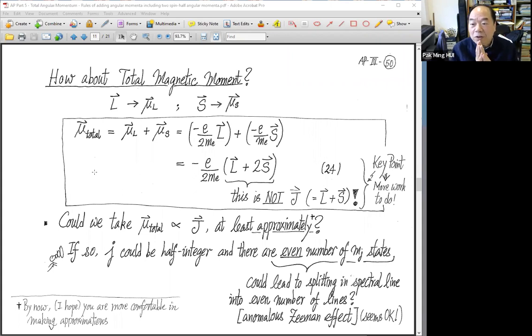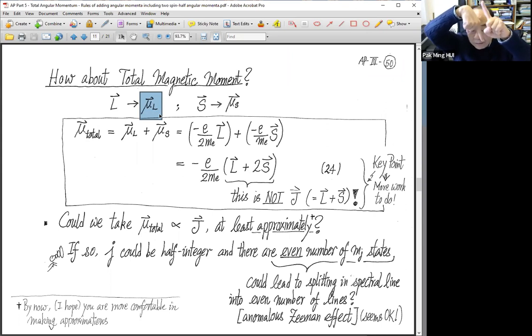So the first thing to note is the following. We have defined J, the total angular momentum, as L plus S. We also discussed that for L, there is a magnetic dipole moment going with it. They are anti-aligned because the electron has a minus e charge by convention.